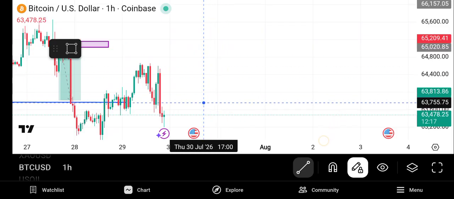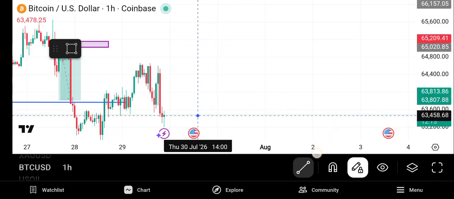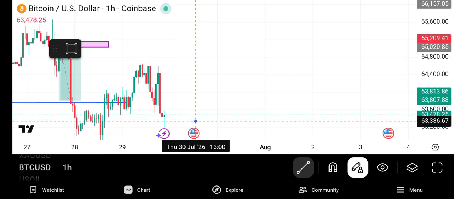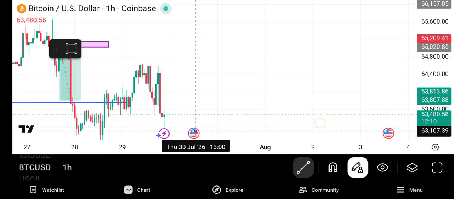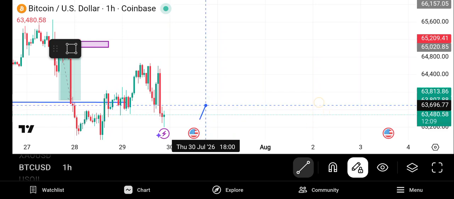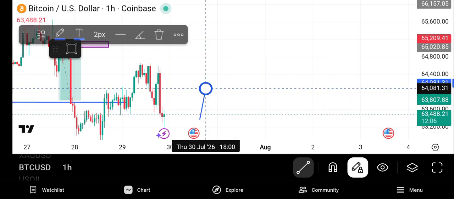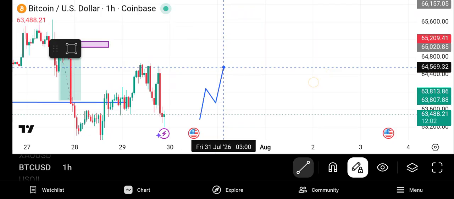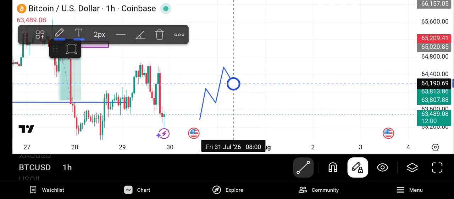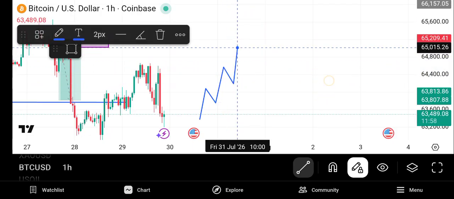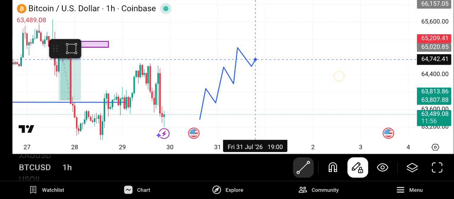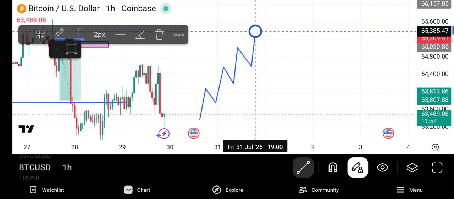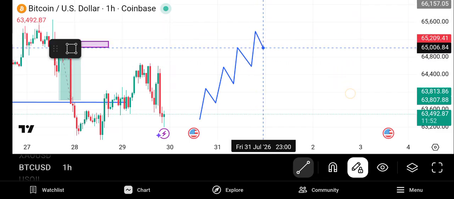An uptrend is when the market is creating a series of higher highs and higher lows. That's what we call an uptrend: higher highs, higher lows, higher highs, higher lows.